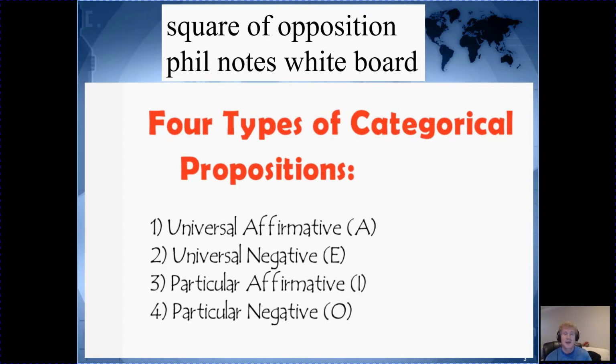Okay, so 4 types of categorical propositions. Now I want you to think about the terms here. The terms can give you a headache, I understand. Universal affirmative, universal negative. Look, affirmative. Think about that word. It means in agreement, I agree. Star Trek, "Affirmative, sir."